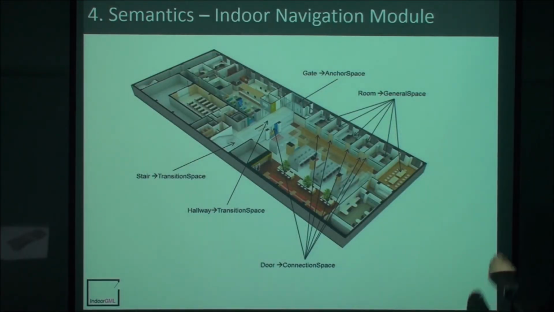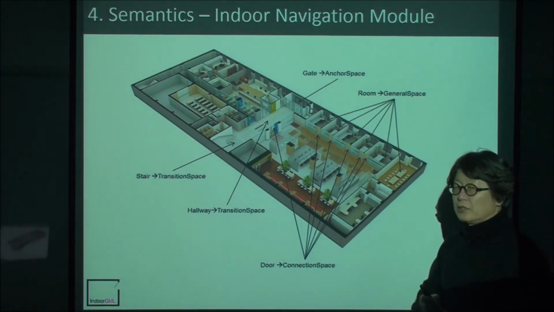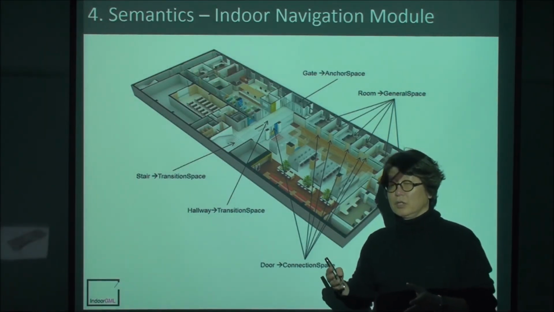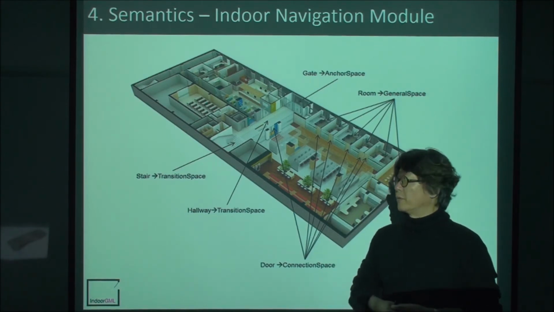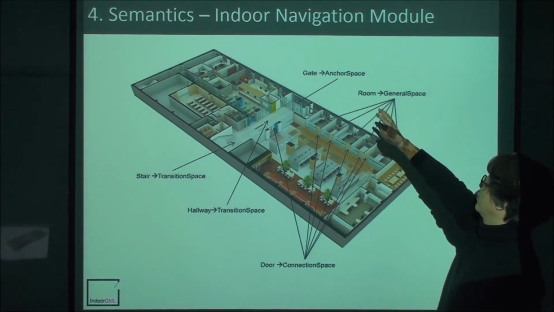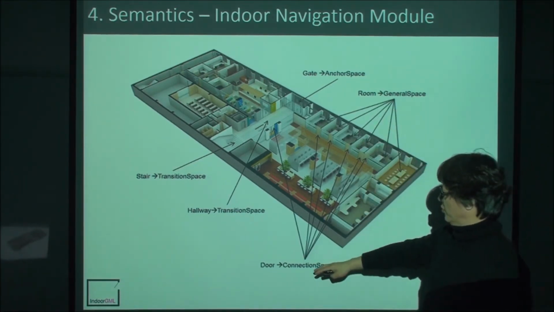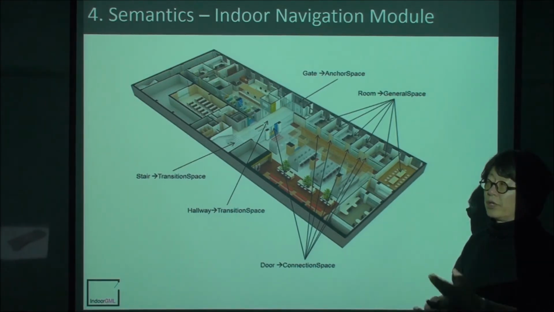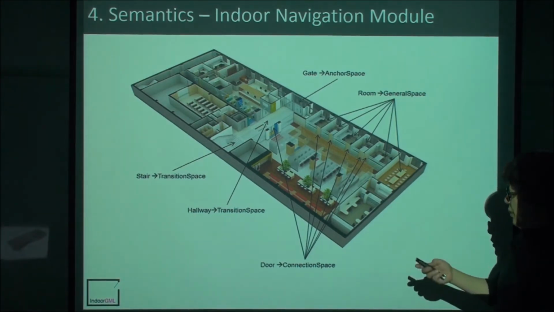And this is an example of the semantics defined for the indoor navigation model. Indoor navigation model is an application module of IndoorGML. So here we defined the anchor space and general space and connection space, but for the detailed definition, I'd like to recommend you to read the document of IndoorGML.